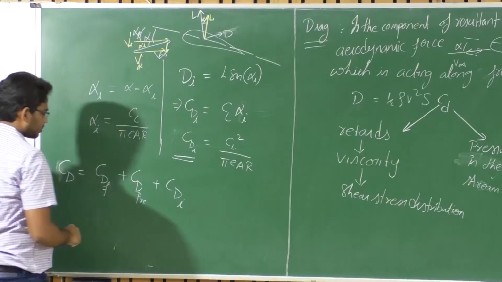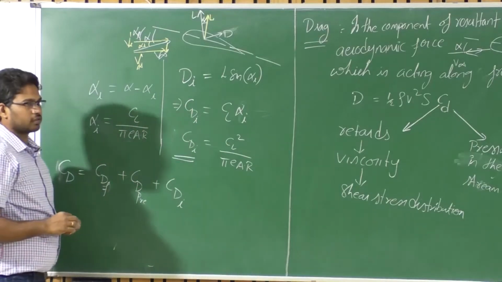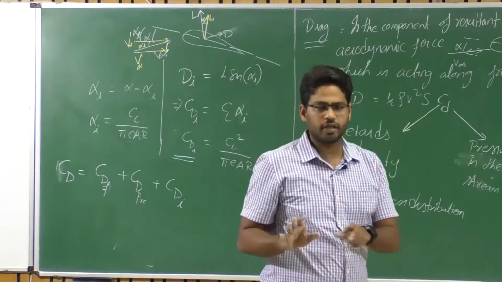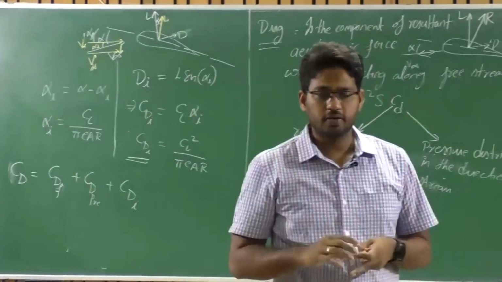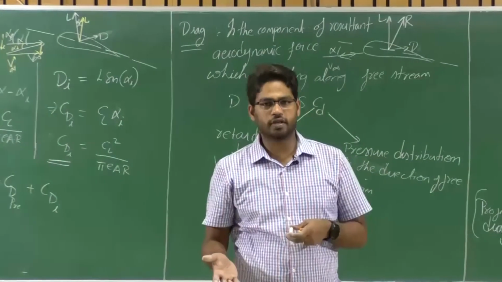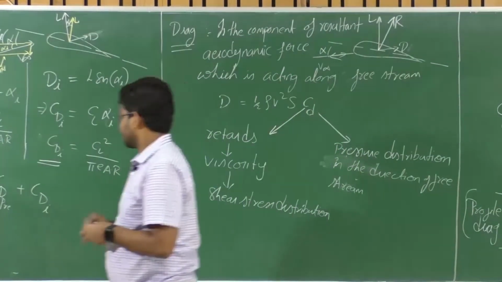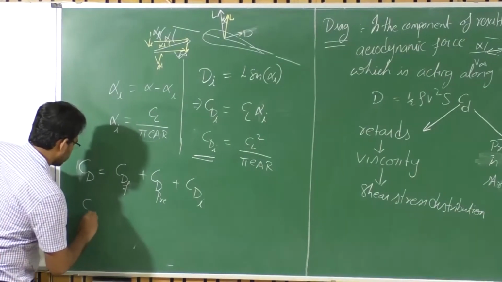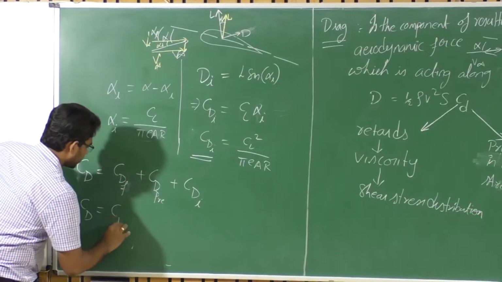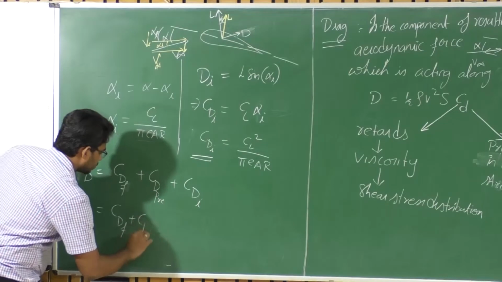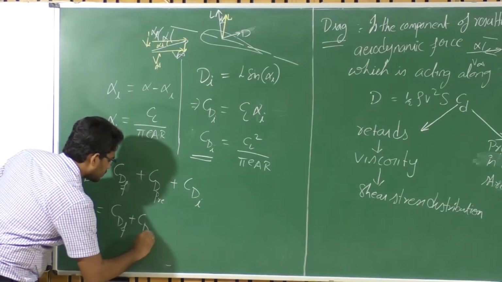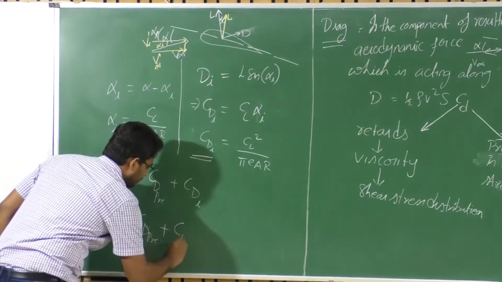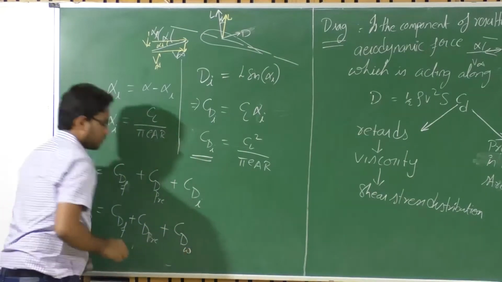This is okay as long as we are talking about subsonic speeds. As we enter the very high subsonic or supersonic regimes, there is an additional component of drag because of shock waves.